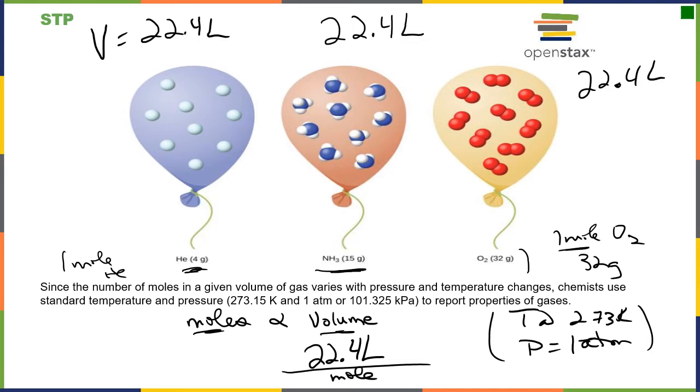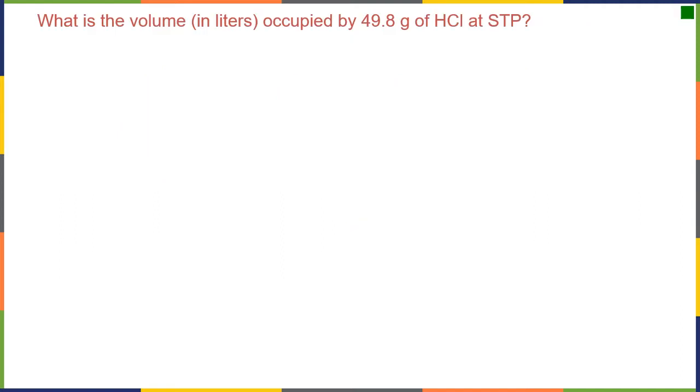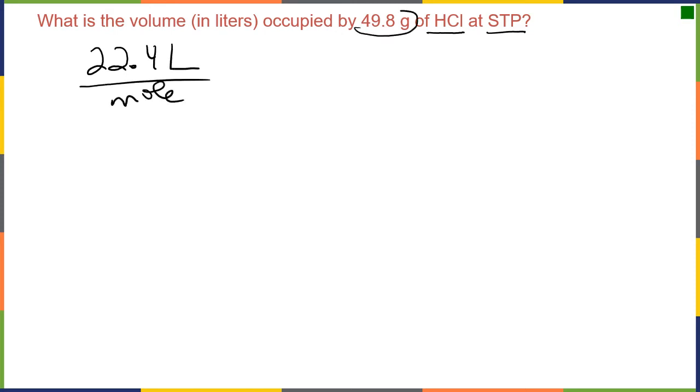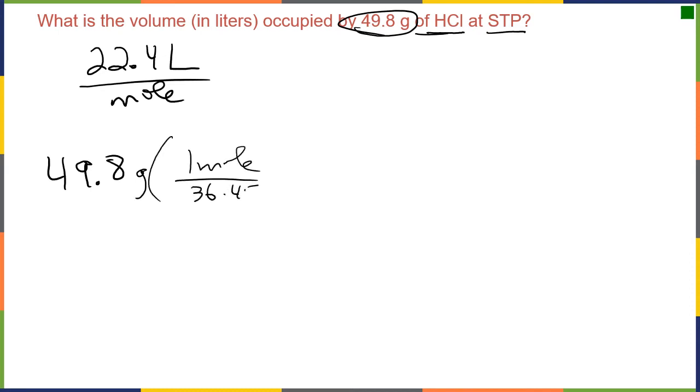So let's do an example. What is the volume in liters occupied by some HCl at STP? So if we were at STP, our brain immediately needs to tell us that we have 22.4 liters per mole. So if we can figure out how many moles of HCl we have, we know how many liters we have. Well, we can do molar mass. 49.8 grams, 1 mole for every 36.45 grams.